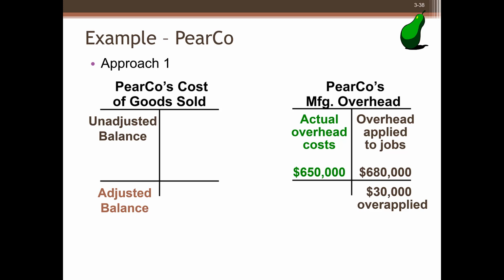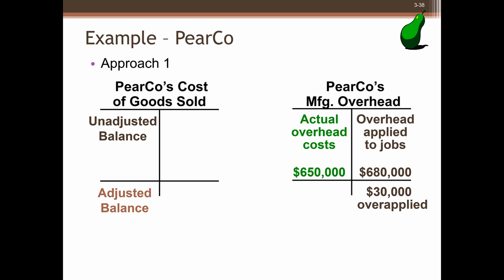To get 0 on the credit side of MO, only if we debit the MO account can we get 0 on the credit side. Again, when we say closing or close account, we're saying we want to get a balance of 0.